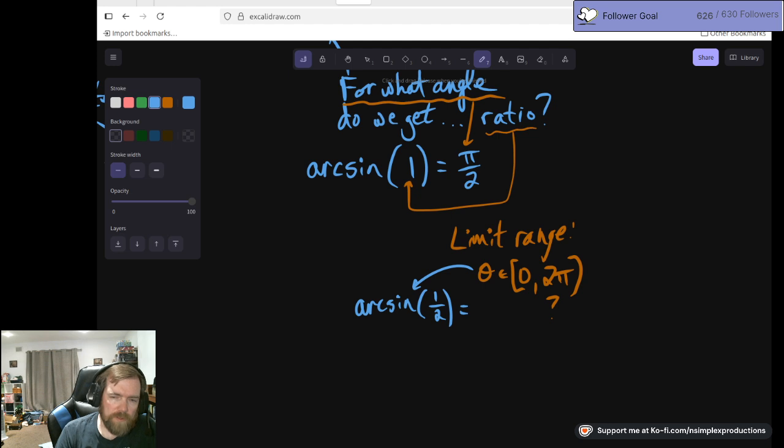The problem is that for the arcsine of 1/2, we get a 60-degree angle in quadrant 1, which is pi over 3.